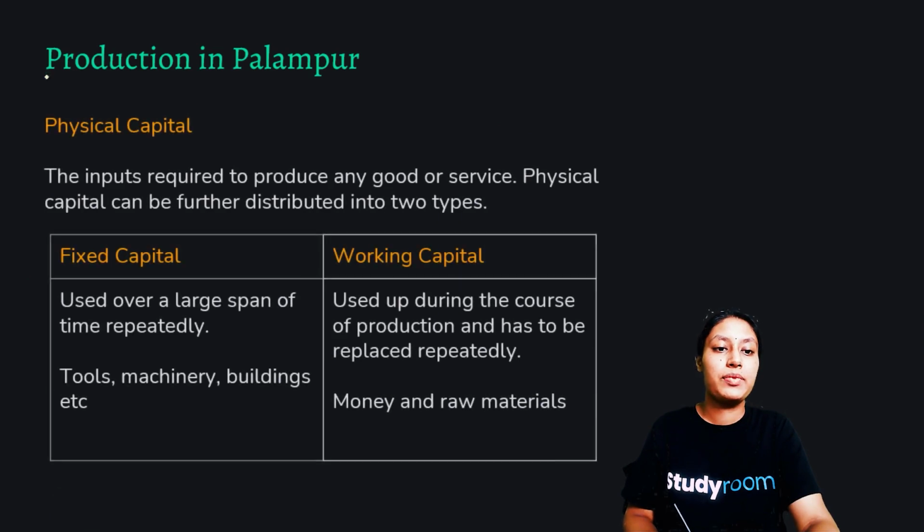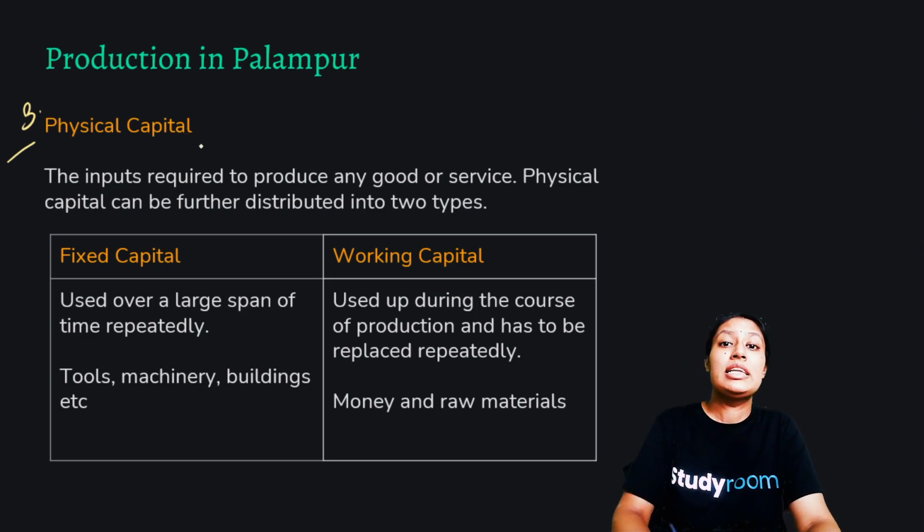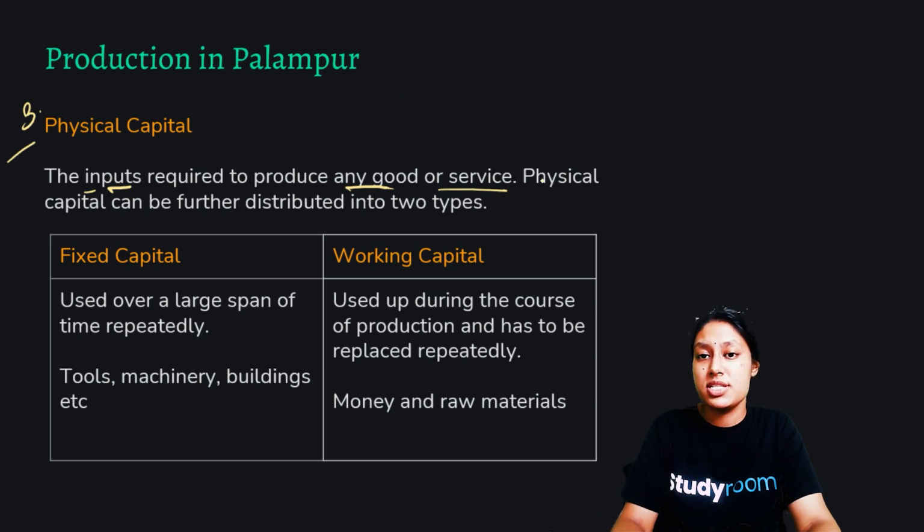All right. Third is capital investment, or physical capital. It is very important to understand physical capital. These are basically the inputs that are required to produce any goods and services. Obviously you have to have an input if you have to produce any good or provide any service. There are two major types of physical capital.